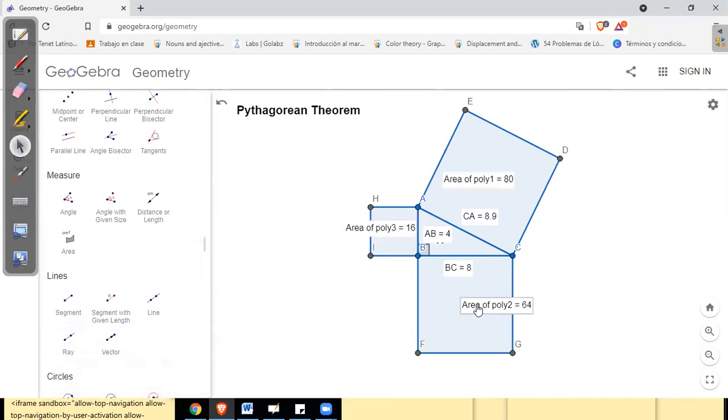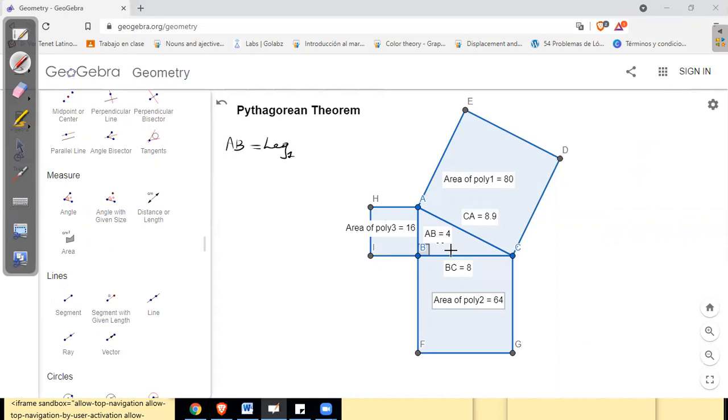Remember that the area of a square is found by multiplying side by side. And you have to remember, as I said first, that this is the leg 2, and we have the leg 1, this side AB. We're going to say that AB is the leg 1.